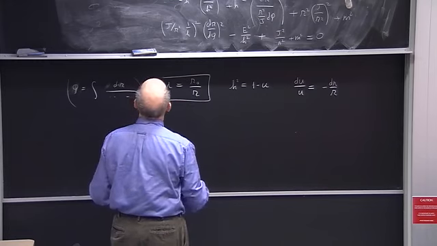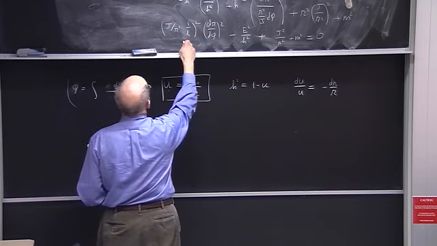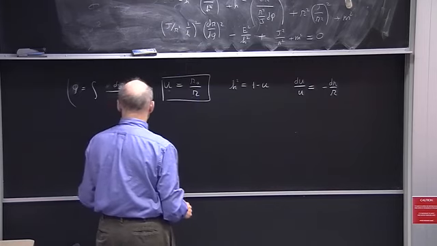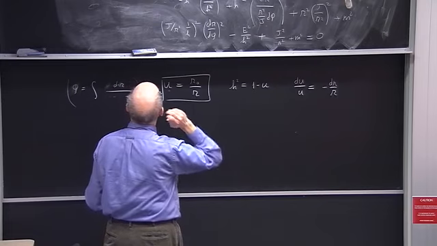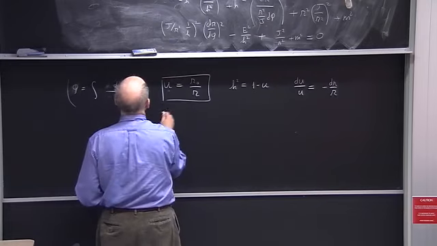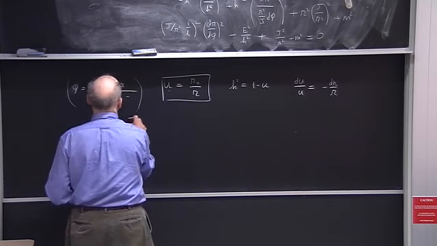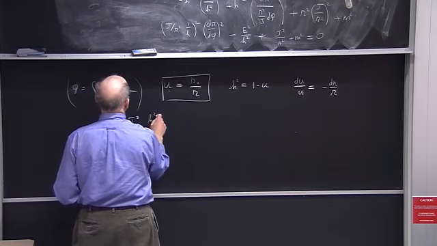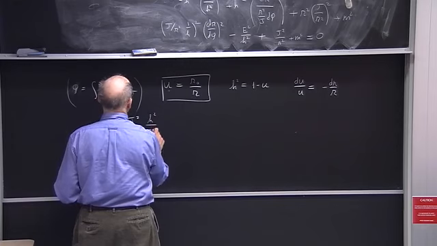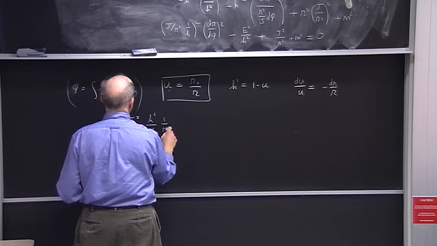So if we multiply this whole thing through by h squared r squared, so let's take this equation. So we'll get j squared h squared over r squared, 1 over r squared.